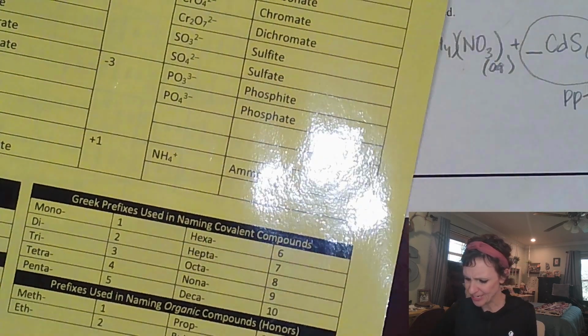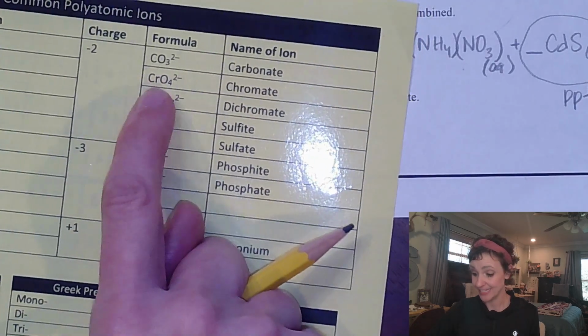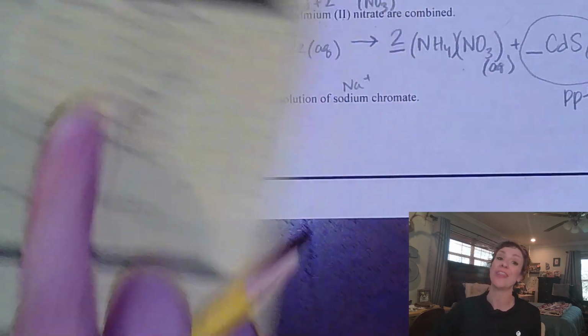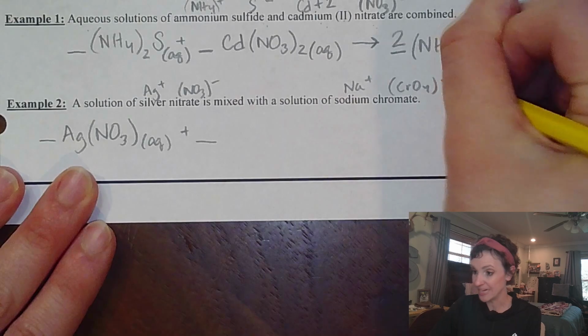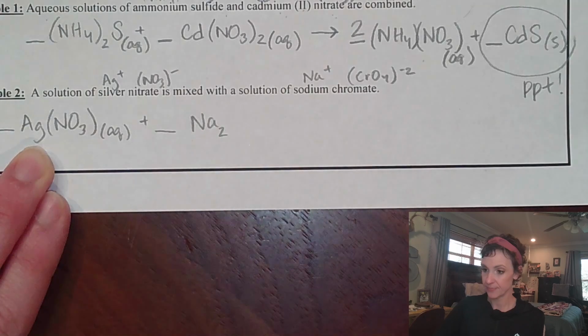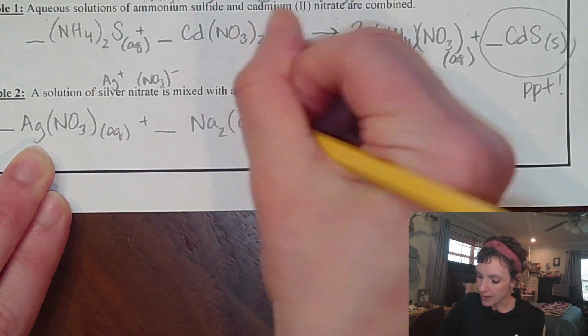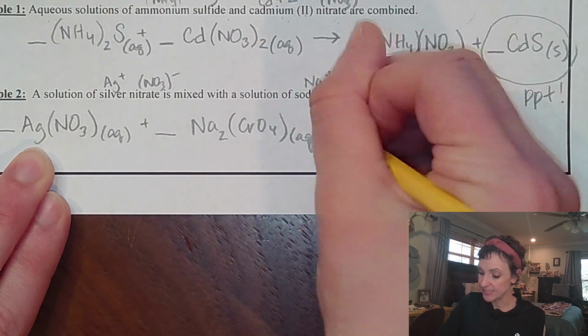We typically don't use chromate that much, at least in our 10th grade chemistry class, but it's CrO4 overall with a -2 charge. So I'm going to need 2 sodiums to neutralize one of those chromates. And this is aqueous, since we have an aqueous solution.